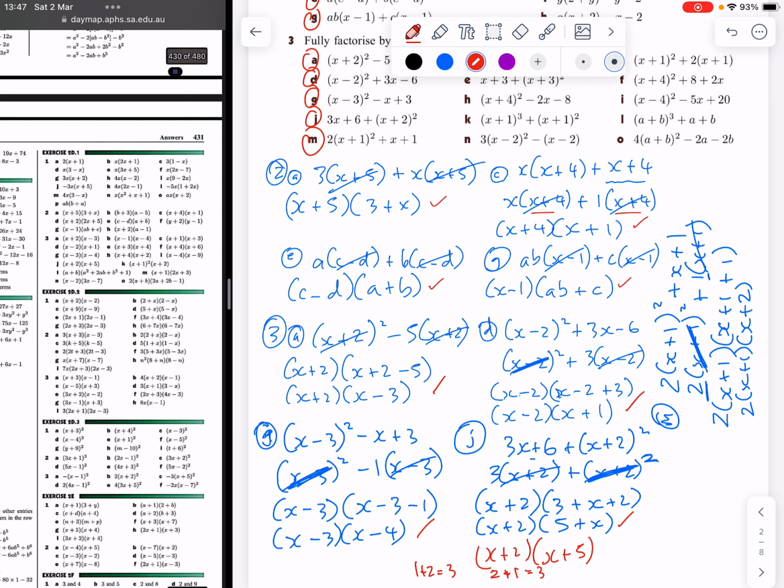M, x plus 1, 2x plus 3. Looks like I stuffed that up. Let's have a look. X plus 1, 2x plus 3.